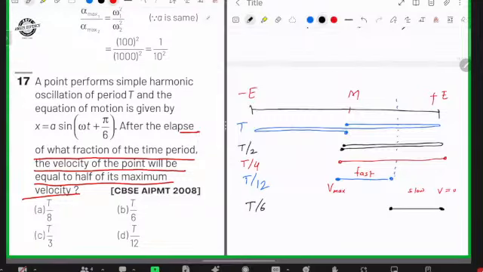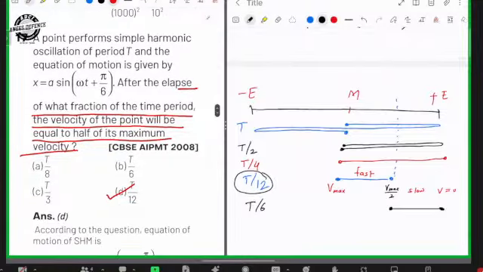So what is the answer? Here it is maximum value. Here it will have half the maximum value. Therefore, the answer would be T by 12. Check. Understood? Yes, sir.